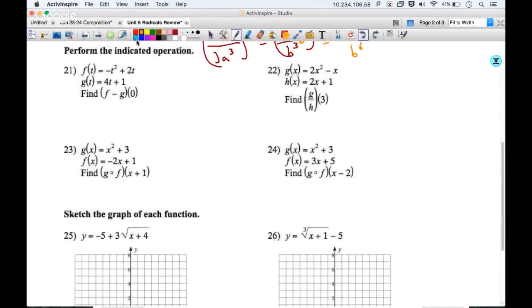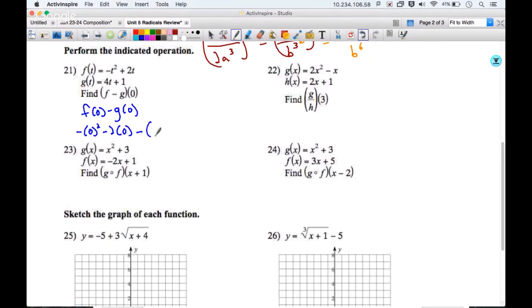Functions, operations with functions. Let's do a little bit of that. Perform the indicated operation. (f minus g) of 0, well, that's going to be the same as f of 0 minus g of 0. f of 0 means plug in 0 for t in that first equation. So negative 0 squared minus 2 times 0. g of 0 means plug in 0 for that second function.